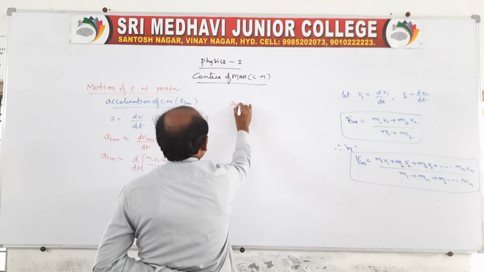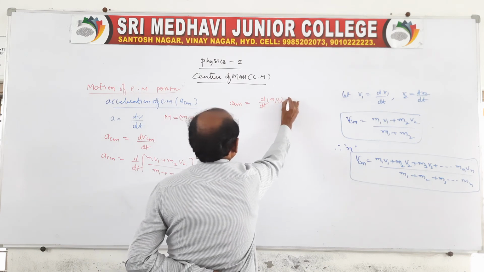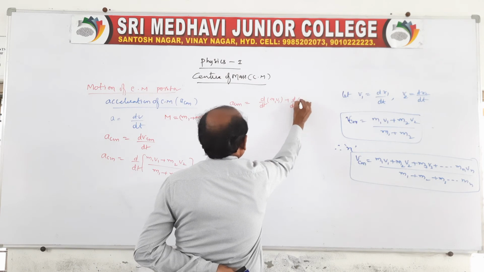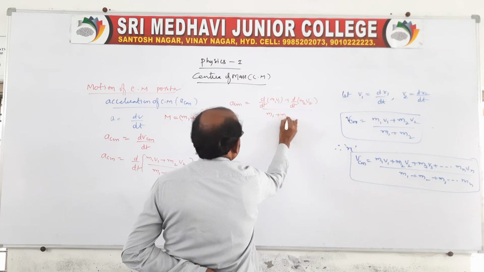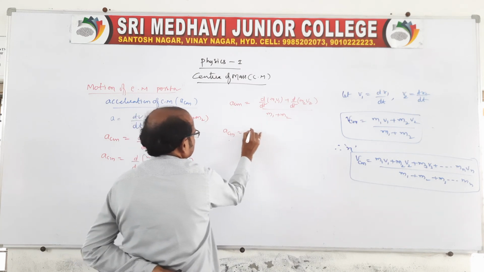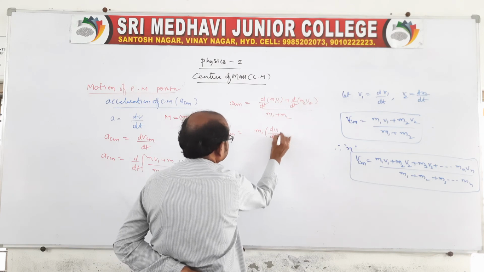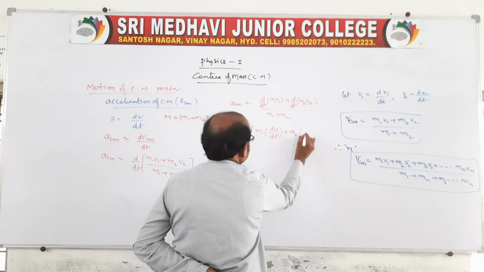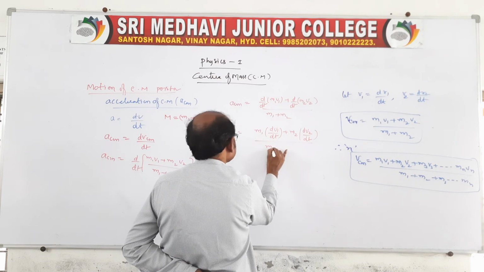ACM is equal to d by dt of m1 V1 plus d by dt of m2 V2, divided by m1 plus m2. Here ACM is equal to, taking m1 common, dV1 by dt, and m2 common, dV2 by dt, by m1 plus m2.